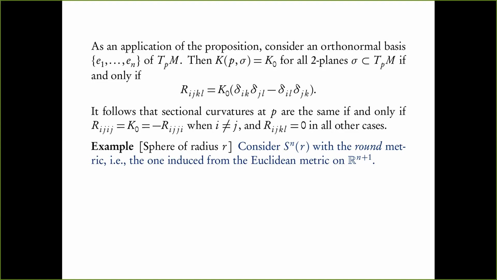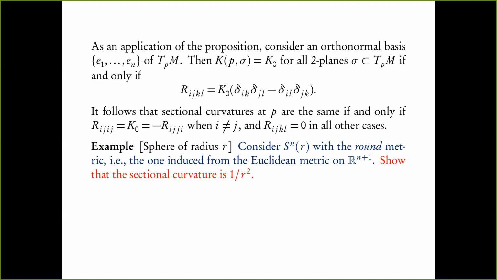You take a sphere of radius r in R^(n+1). So this is S^n, an n-dimensional sphere in R^(n+1) of radius r, and it comes with a round metric, meaning that the Euclidean metric on R^(n+1) induces a metric on S^n, called the round metric. You can use the induced Riemannian metric, the stereographic projection, or a normal neighborhood.